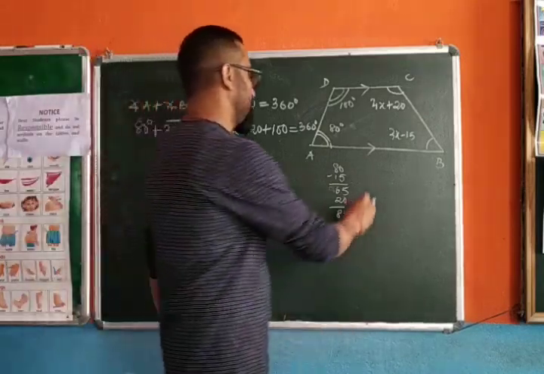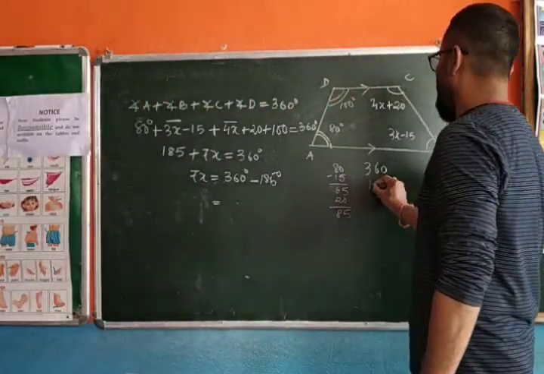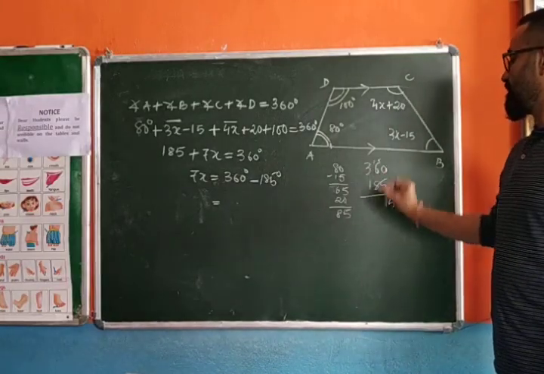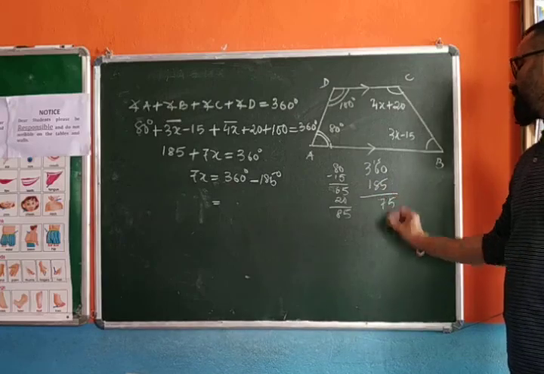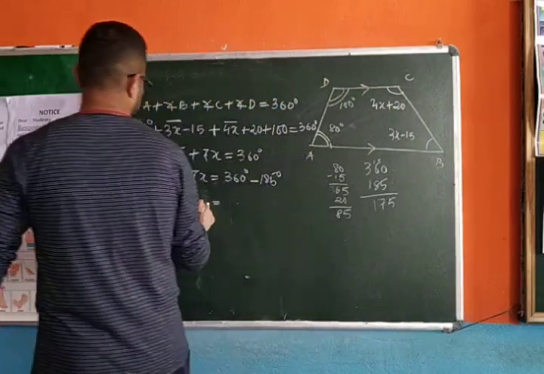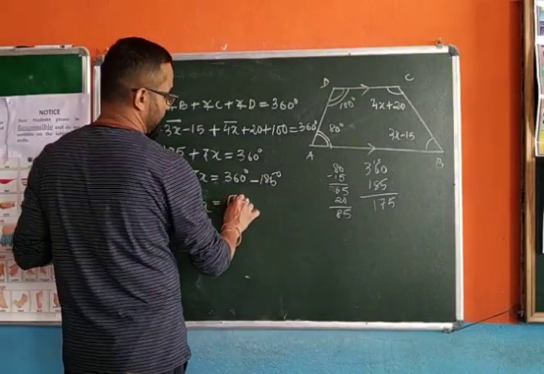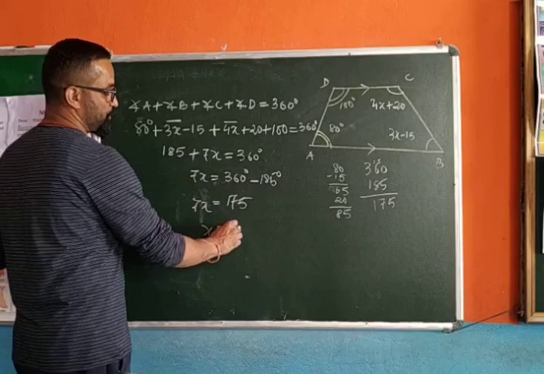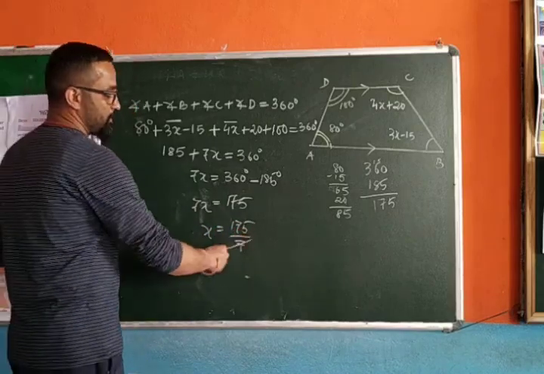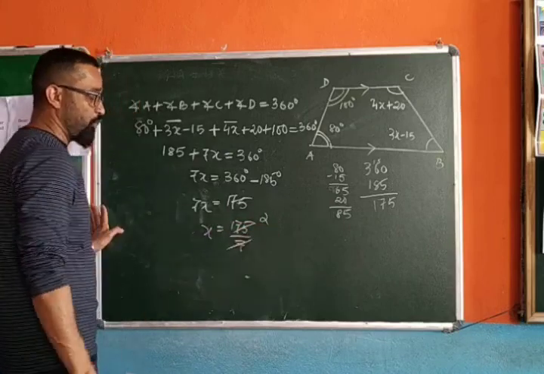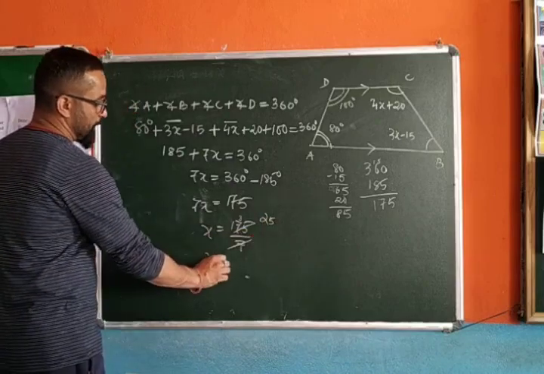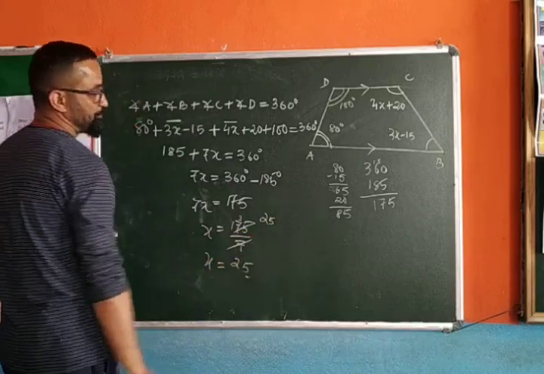Subtract. 360 minus 185 is 175. So 7x is equal to 175. X is equal to 175 divided by 7. Divisible. 7 twos are 14, 3 is left. 7 fives are 35. X comes equal to 25.